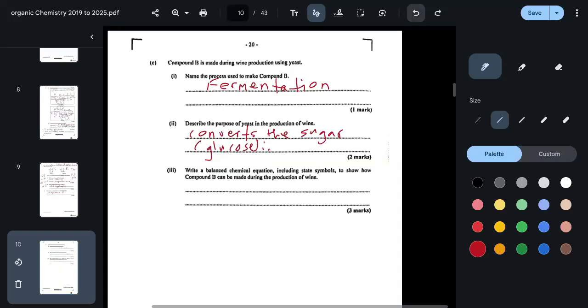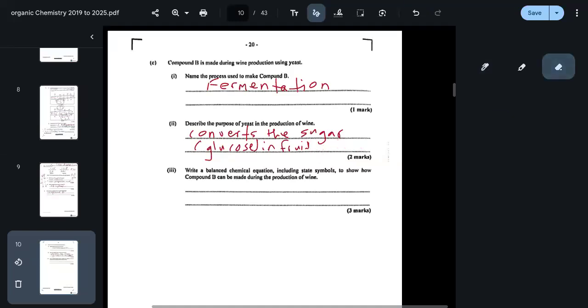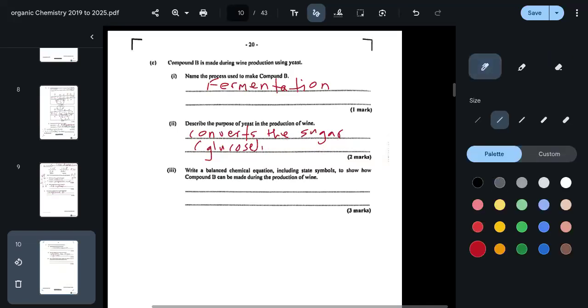Sorry, this is moving a bit. It converts the sugar in the food. It doesn't have to be fruit.